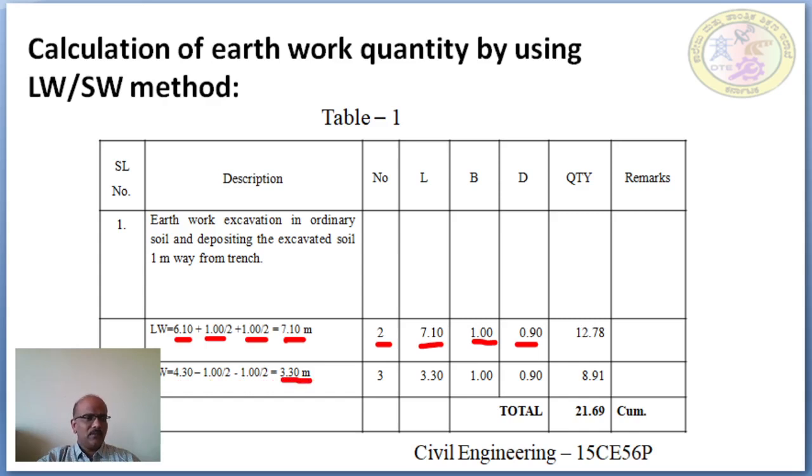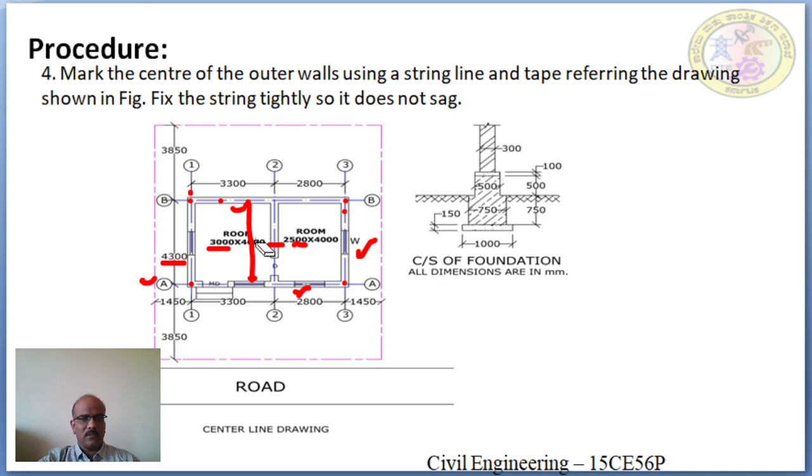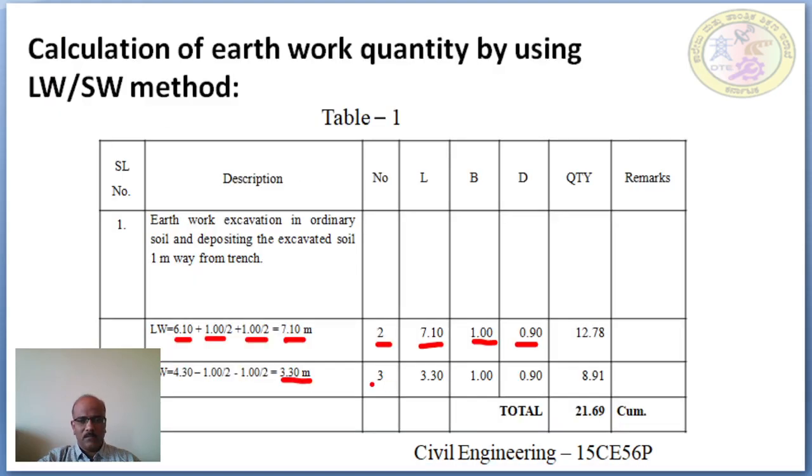And there are 3 short walls. The walls on the grid 1, 2 and 3 are the short walls. So 3 numbers, 3 short walls.